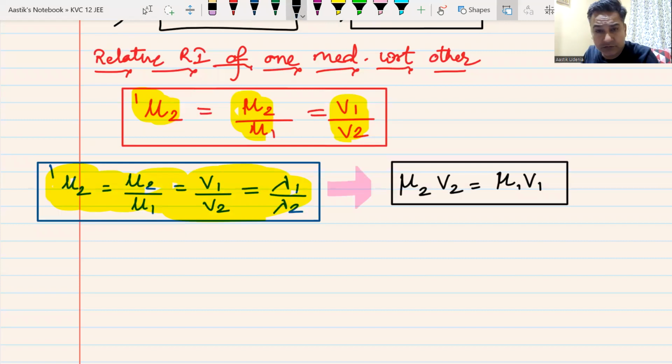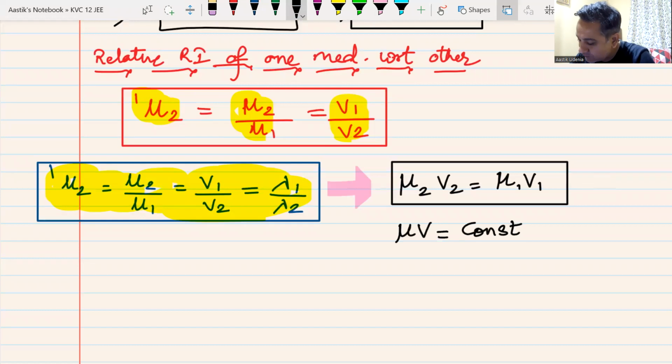Mu2 into v2, refractive index of medium 2 multiplied by speed of light in medium 2, is equal to mu1, the refractive index of medium 1, multiplied by speed of light in that medium. Or I can write, on the second line since I don't have any space, mu into v is a constant.